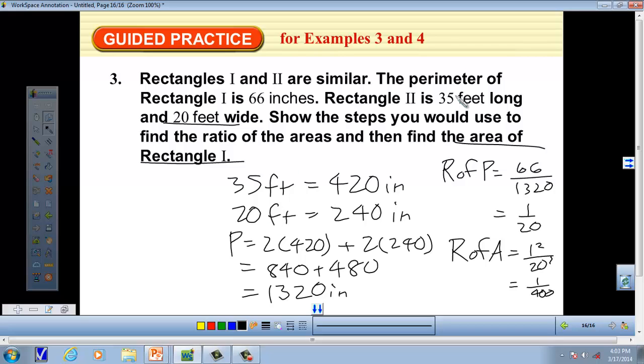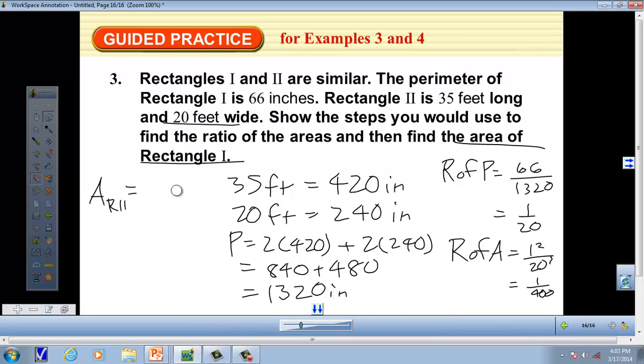Let's see. So we can find the area of rectangle 2 by doing, we're going to do it in inches as well. So it would be 840 times, am I doing that right?